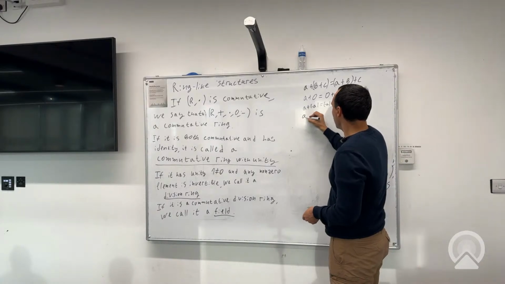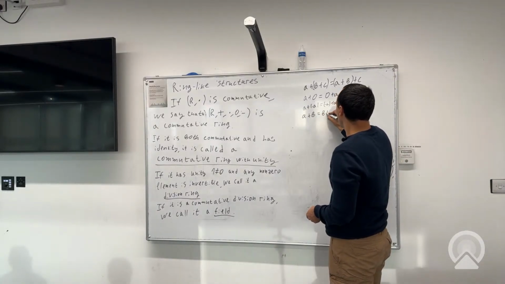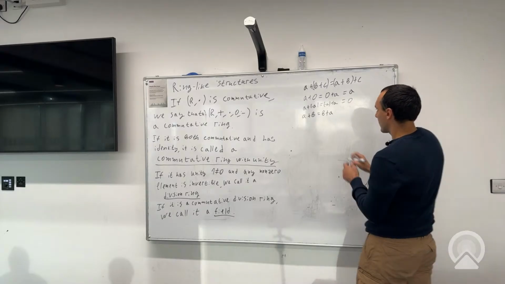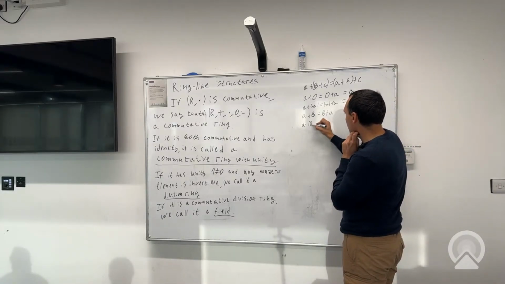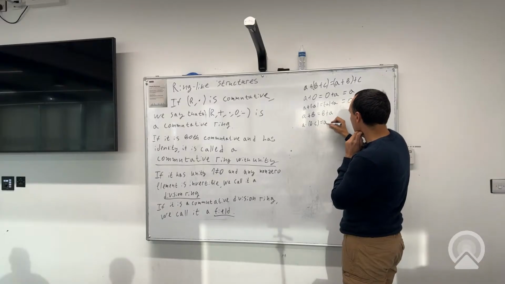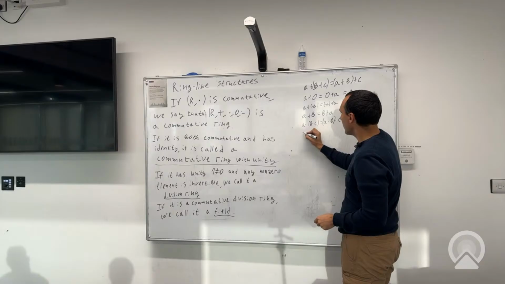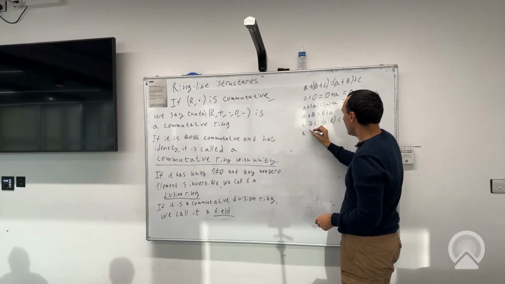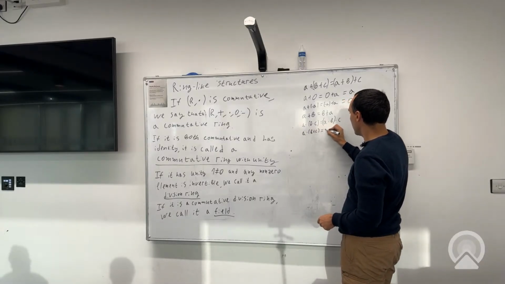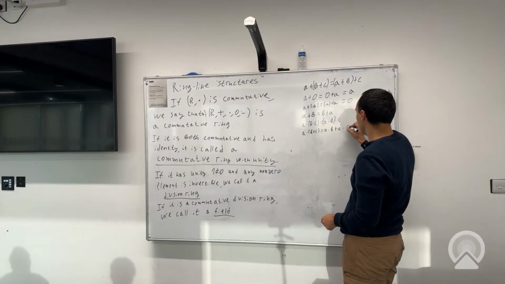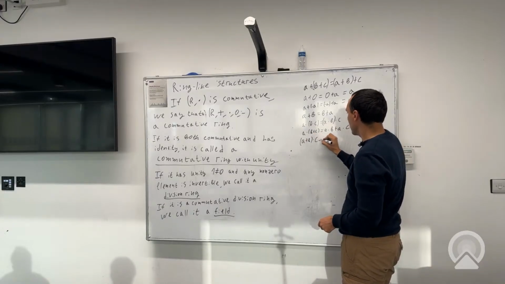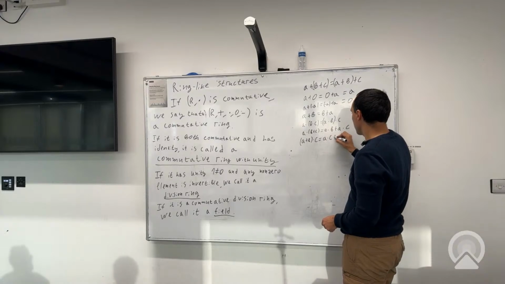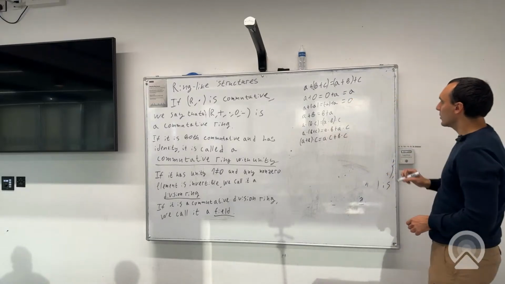And A plus B equals B plus A. And then we have multiplication. So (A times B) times C equals A times (B times C). And we have two distributive properties. A times (B plus C) equals A times B plus A times C. And (A plus B) times C equals A times C plus B times C. So this is a ring.